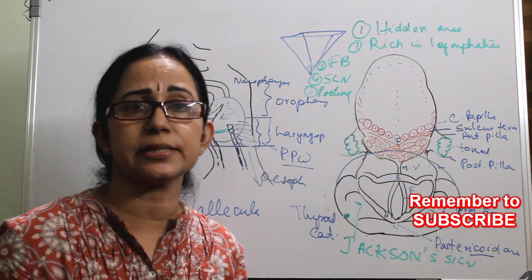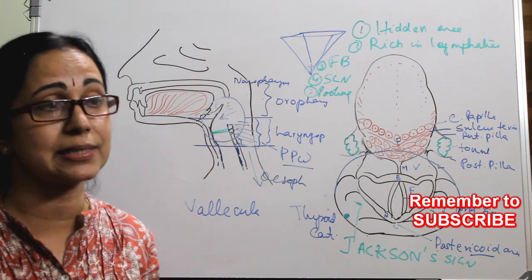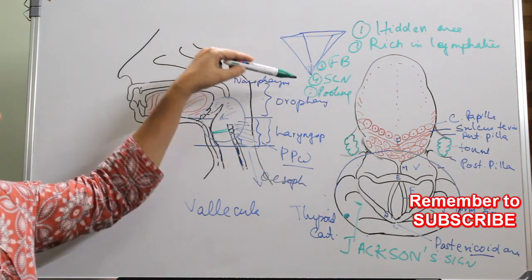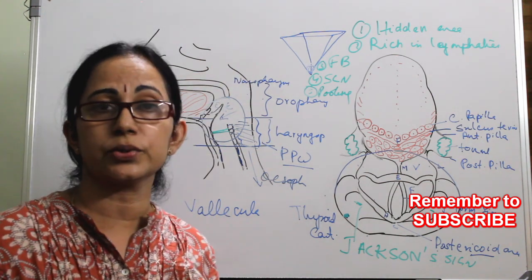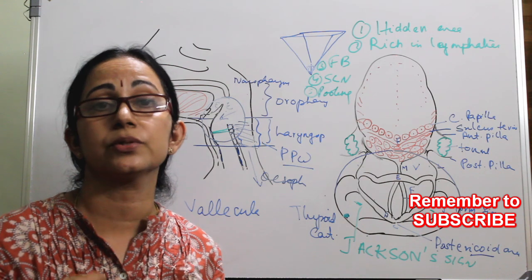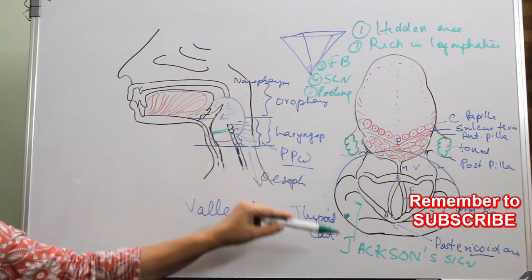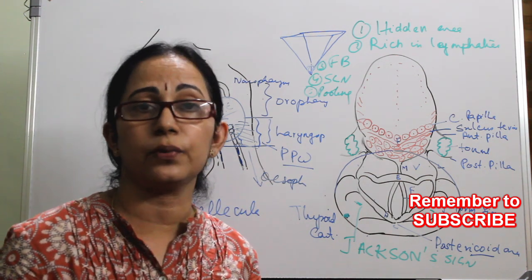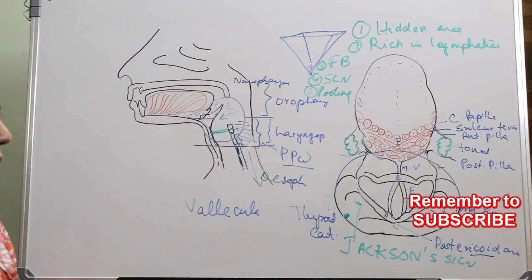So the late stage pyriform fossa or hypopharyngeal malignancies will present as neck nodes, and it is a common site of lodgement of foreign body. Then superior laryngeal nerve passes behind the mucosa on the lateral wall of pyriform fossa, so we can anesthetize that area. And also Jackson sign, which is pooling, is an early sign in case of obstruction to food passage. Okay, so that is about pyriform sinus.